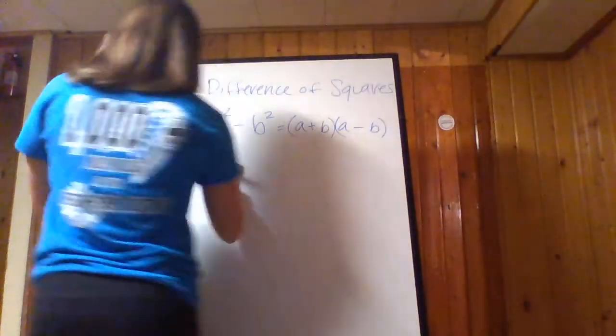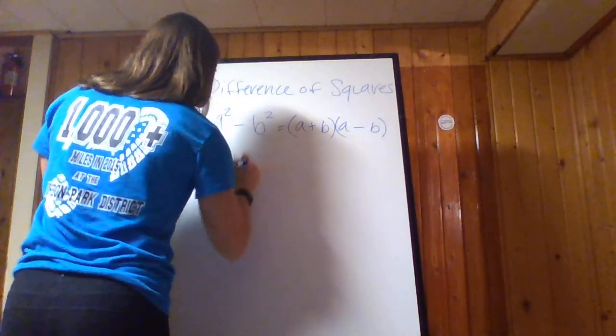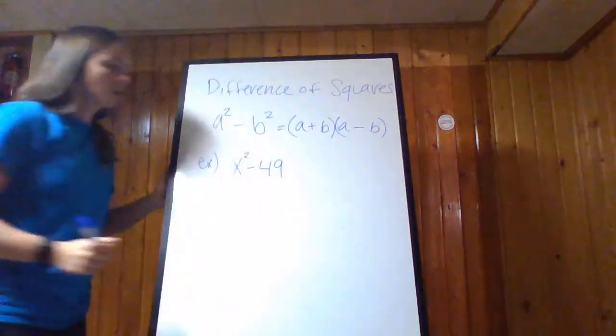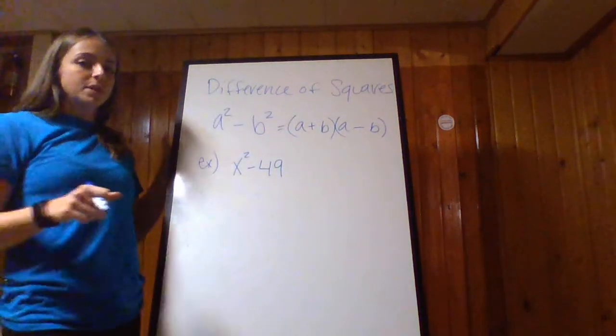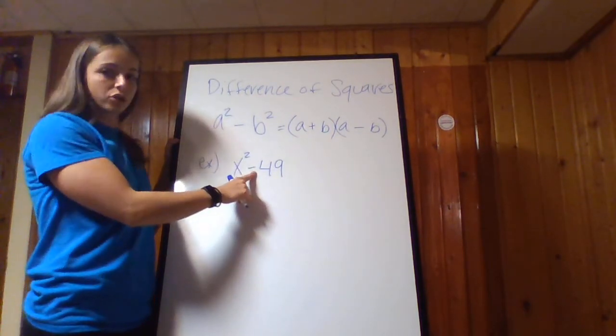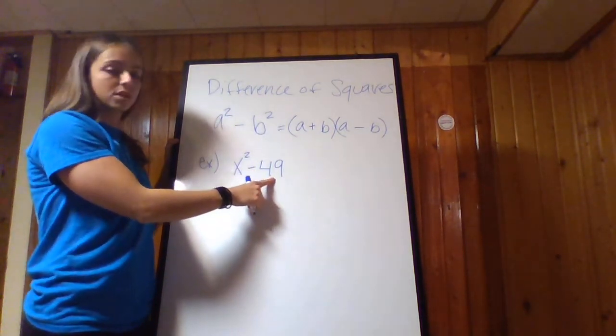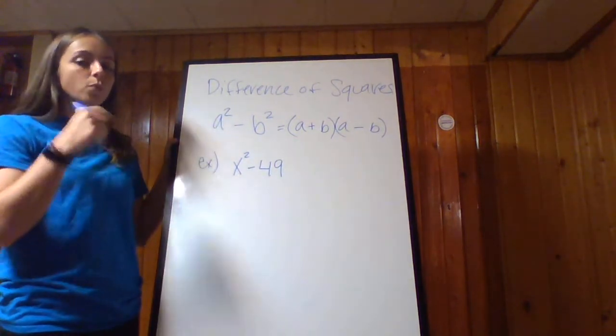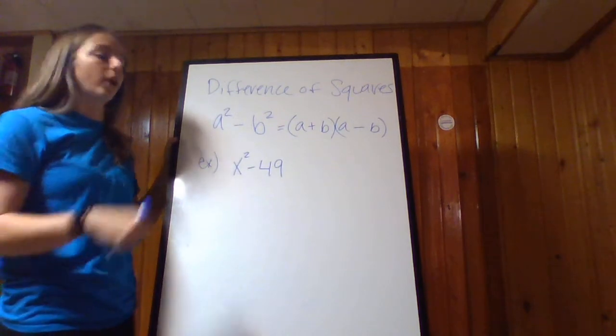So thinking about an example, let's factor x squared minus 49. So the first thing you should kind of be seeing is, ooh, we have a square, we have subtraction, but this is just a number, it's not a squared number. So that's our job. We have to turn that into a number that's squared.